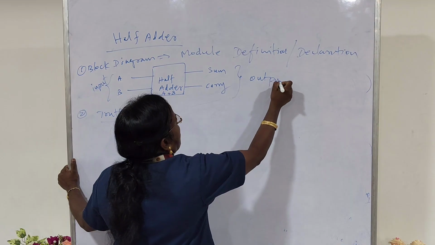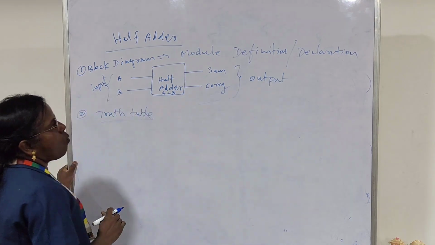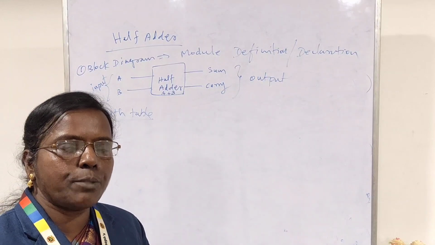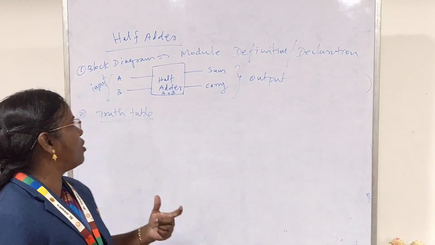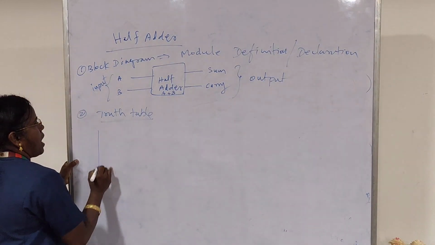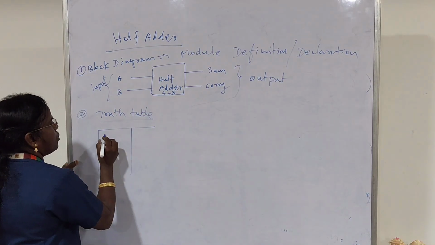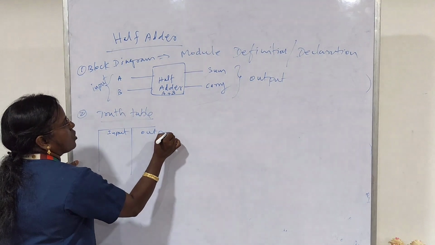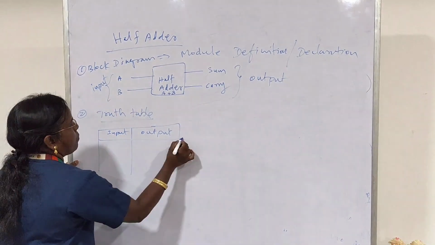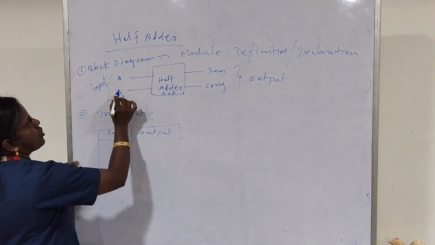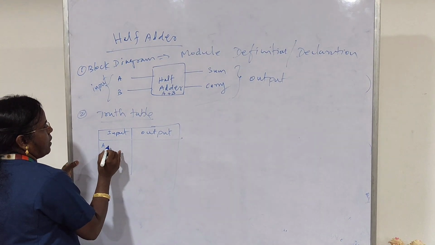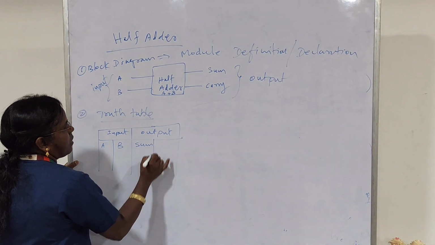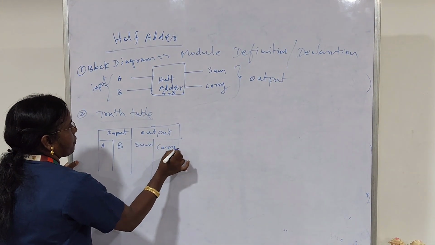That relationship gives the functionality of the logic circuit. The truth table should have an input section, consisting of input variables A and B, and an output section, having sum and carry.